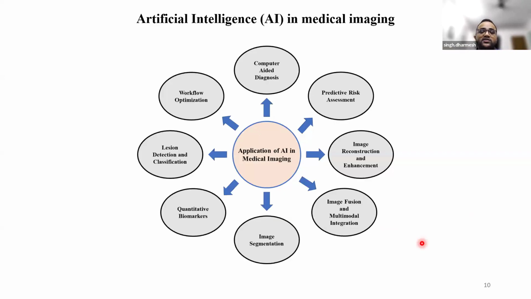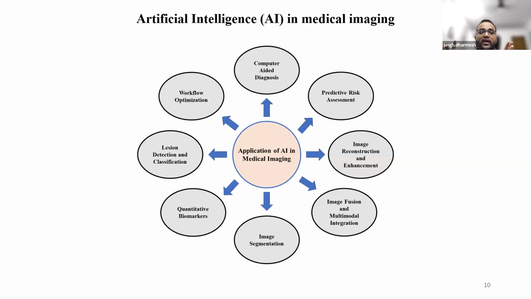AI-assisted reconstruction techniques like deep learning-based denoising or accelerated acquisition like compressed sensing improve the MRI quality, improve the SNR, CNR, and other quantitative parameters, and also reduce the scan time, which compares very well with conventional scans. This is particularly important in prostate imaging also.